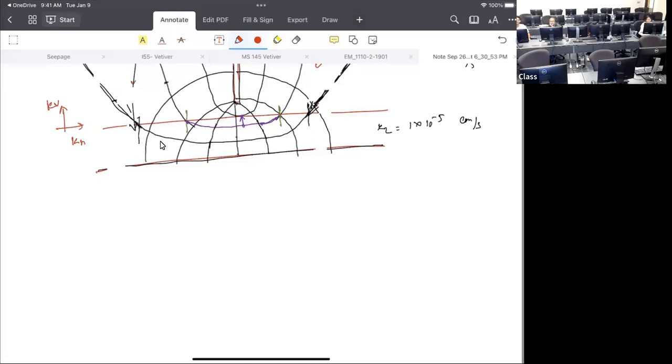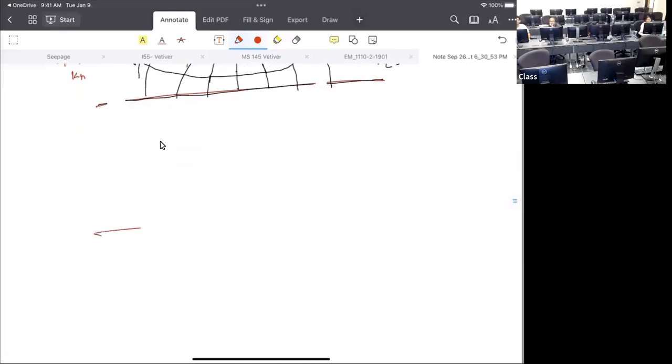So let's say you have a concrete dam like this, and you have some water. I'm giving you the problem for the next time. You have the water.